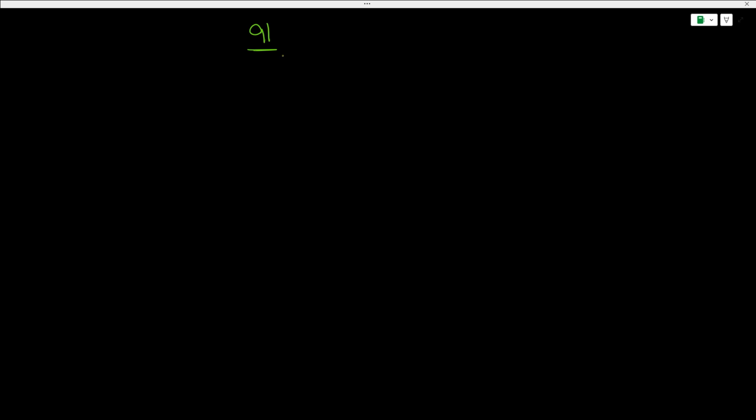Our next example is 91. To check if the number is prime or composite, we will take its square root first. Let's approximate its square root as 10. So we will check its divisibility by prime numbers less than 10. Those numbers are 2, 3, 5, 7.